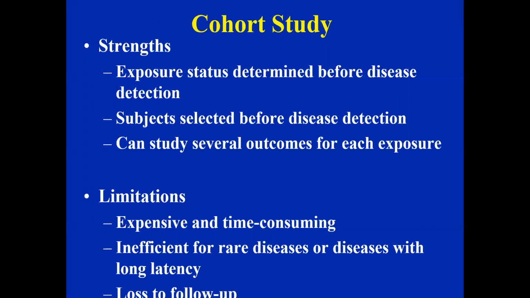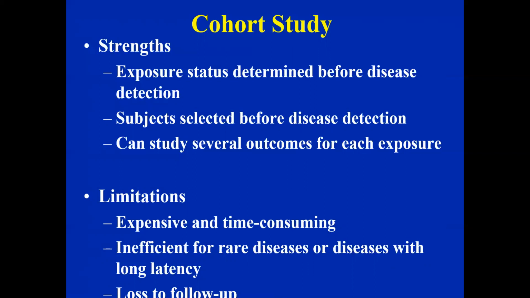You select your subjects before disease detection. Then one study can reveal several outcomes for each exposure. That's again an advantage of cohort studies, because you can follow up your study participants and at the same time study several outcomes based on a few exposures.